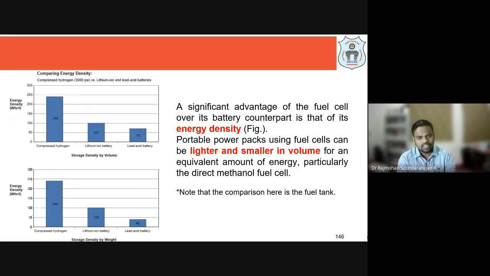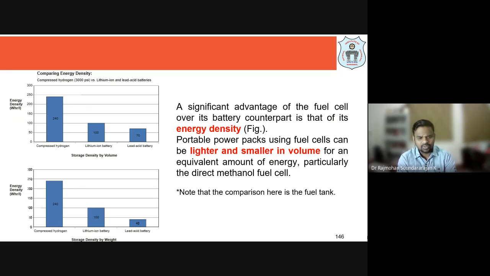Commercially, lithium ion batteries or lead acid batteries are there. If you look at their energy density, it's around 170. If you are using the hydrogen fuel cell with compressed hydrogen cylinders, then it is going to have an energy density of 240. So that is at least 2.4 times better, it gives more energy density than the lithium ion battery, right? That's the thing we can observe.